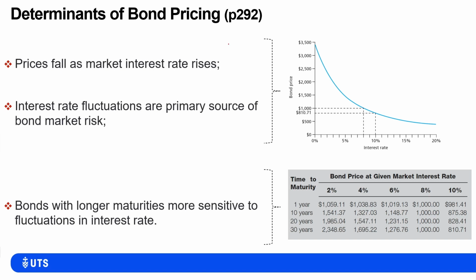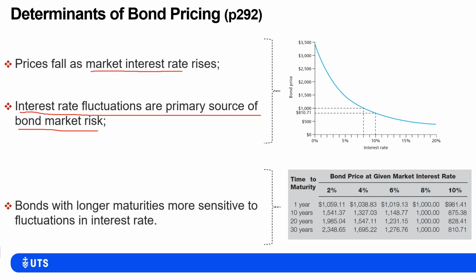What are the determinants of bond pricing? Obviously, the major determinant is interest rate fluctuations. Why is that so? If we look back at the bond pricing formula, we can find that the price decreases when the discount rate increases, because the discount rate increases with the market interest rate.